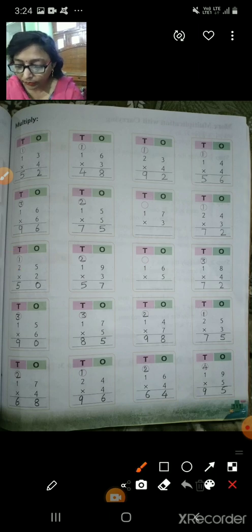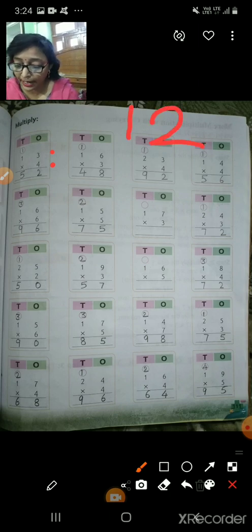First, we will multiply 4 by 3. 4 3s are 12. Of 12 we will write the ones place number 2 and we will carry number 1.